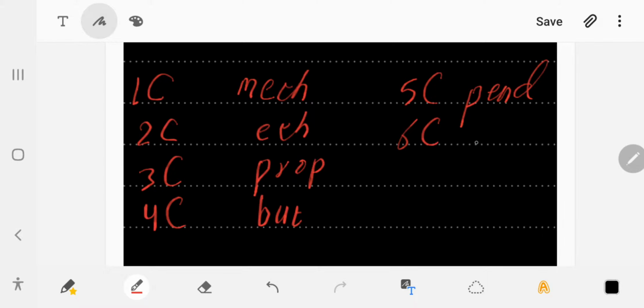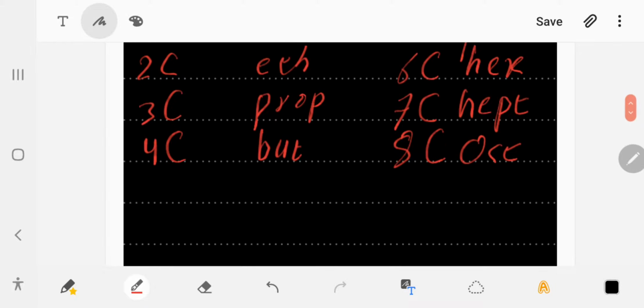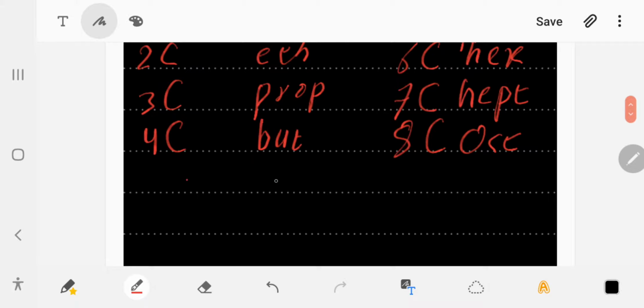Six carbon atoms, it will be hex. Seven carbon atoms, it will be hept. Eight carbon atoms, it will be oct. Nine carbon atoms, it will be non. And 10 carbon atoms, it will be dec.